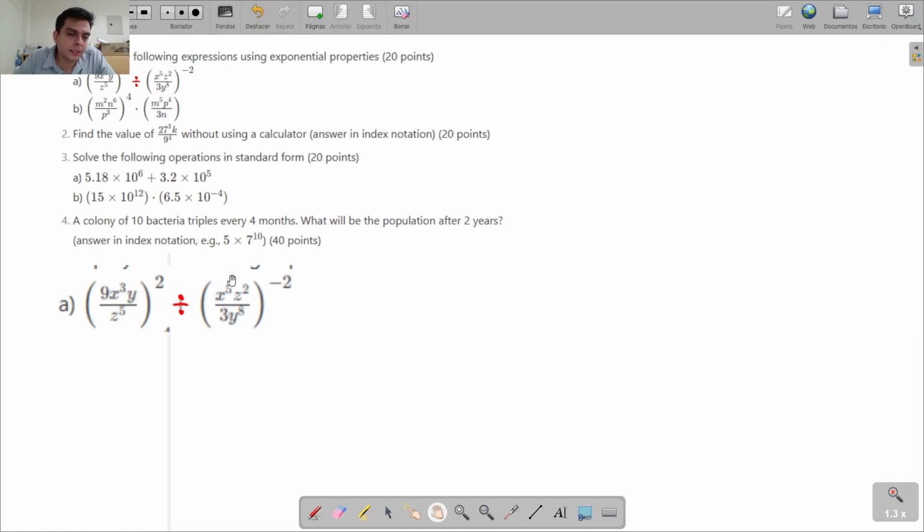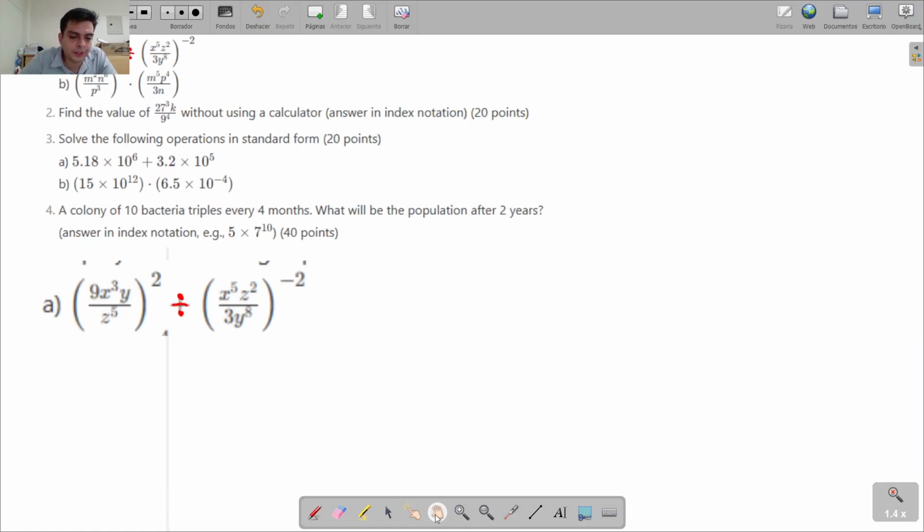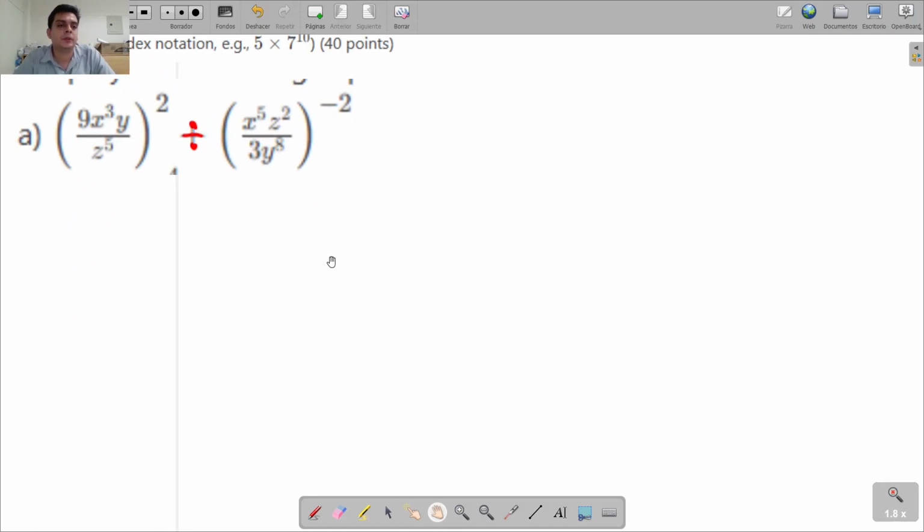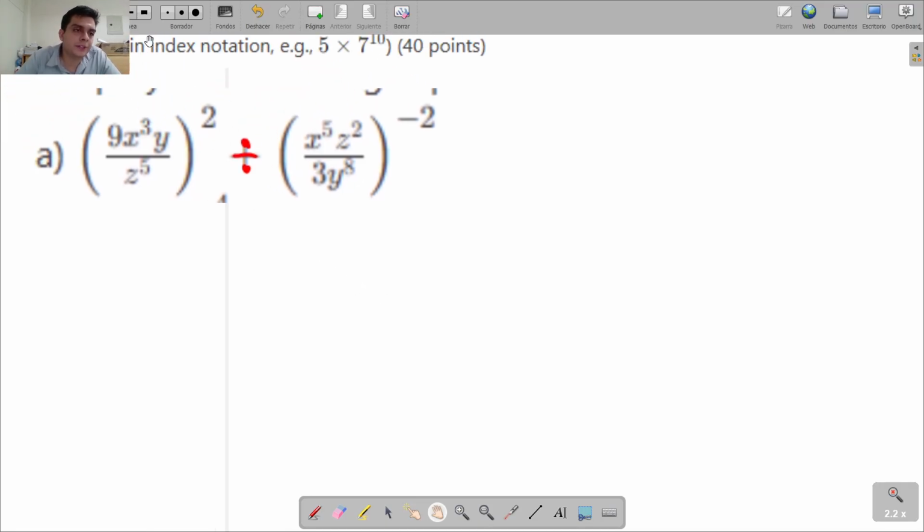We can see a lot of things happening here at the same time. The first thing we must do is distribute the exponent to each one of the numbers inside the parentheses.